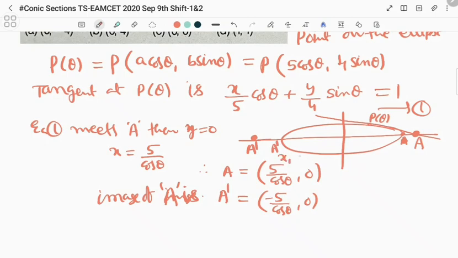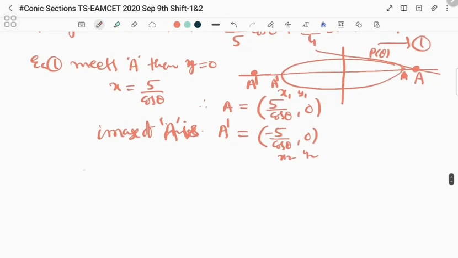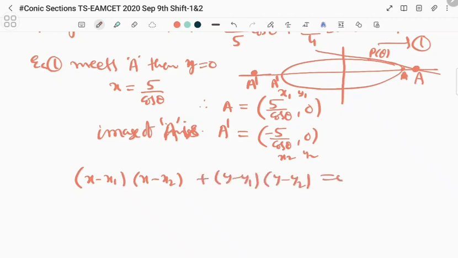This is x1, y1, this is x2, y2. Diameter equation they are asking to find. So x minus x1 into x minus x2 plus y minus y1 into y minus y2 equal to 0.